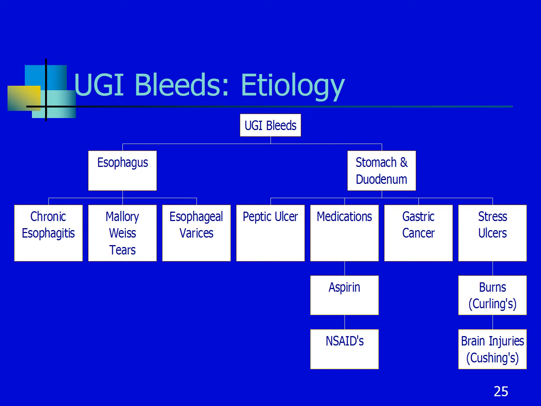All right. Mallory-Weiss, for the esophagus, the type of bleeding usually occurs because of chronic esophagitis, or someone that has Mallory-Weiss tear or esophageal varices. Well, chronic esophagitis is a chronic, over time exposure to acid in the esophagus, right?